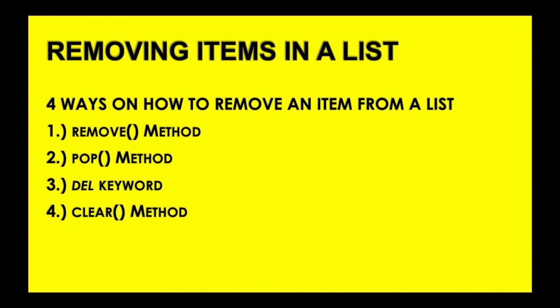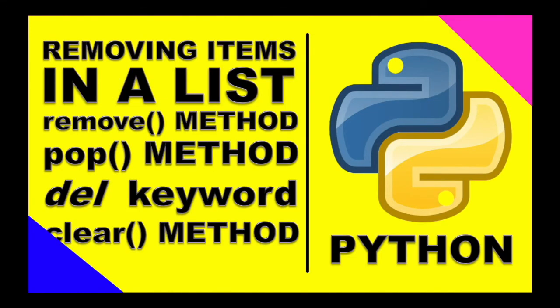So I hope the difference between these 4 is very clear with you right now, and I'm hoping that you will use this sooner or later if you are doing your own Python related project. Okay, so that ends our video tutorial regarding how we can remove an item in a list using the remove method, the pop method, the del keyword, and the clear method.